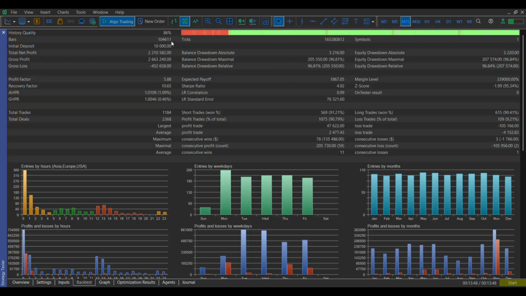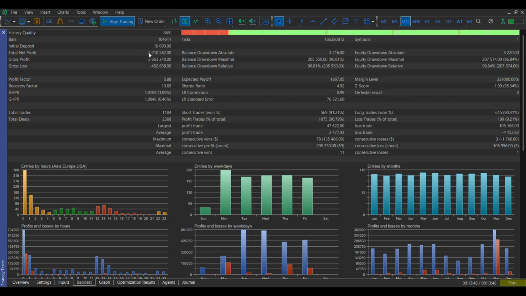As you can see here, the initial balance was 10K. Gross profit was around 2,663,240. It is large compared to this much initial balance. And compared to the gross profit, the loss is minimal, not even in the same digits.